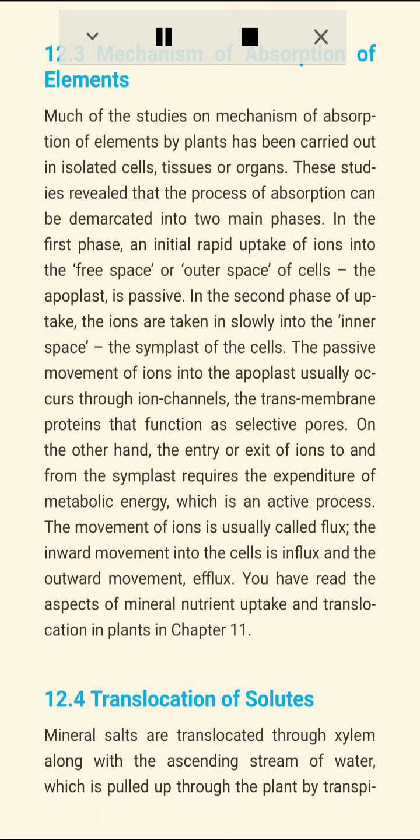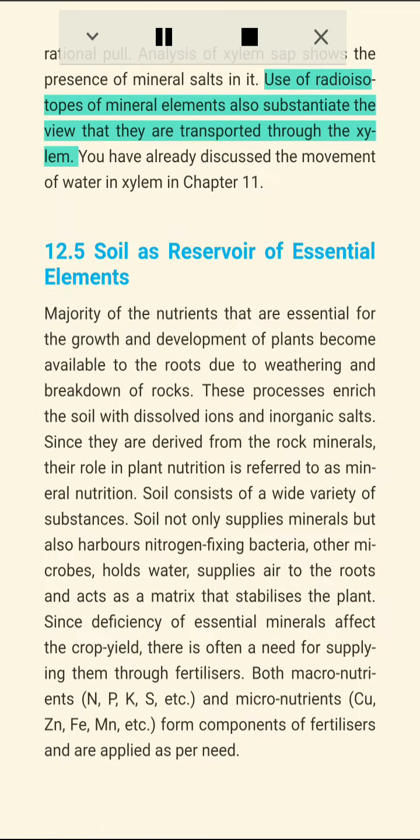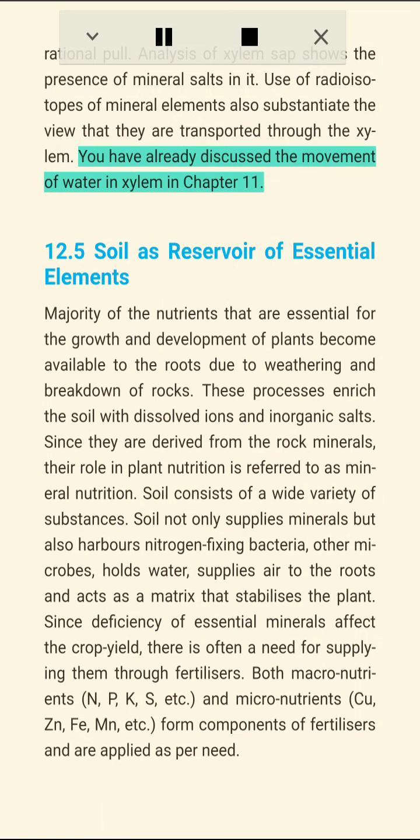Mineral salts are translocated through xylem along with the ascending stream of water, which is pulled up through the plant by transpirational pull. Analysis of xylem sap shows the presence of mineral salts in it. Use of radioisotopes of mineral elements also substantiates the view that they are transported through the xylem. You have already discussed the movement of water in xylem in Chapter 11.